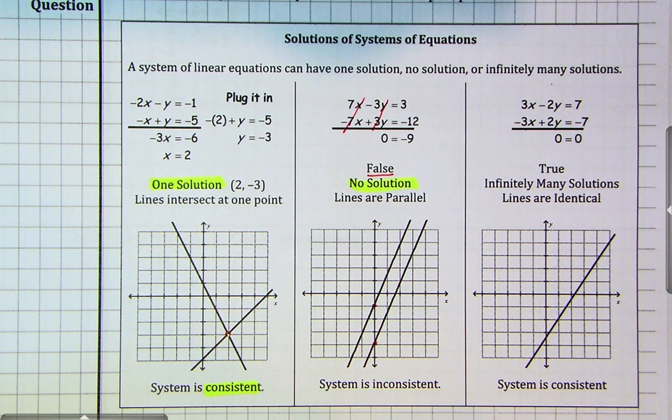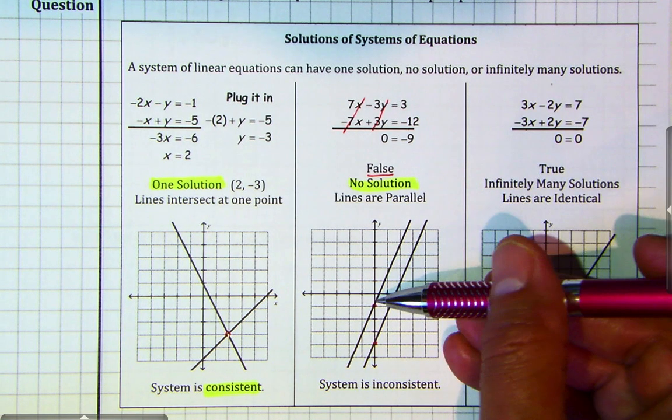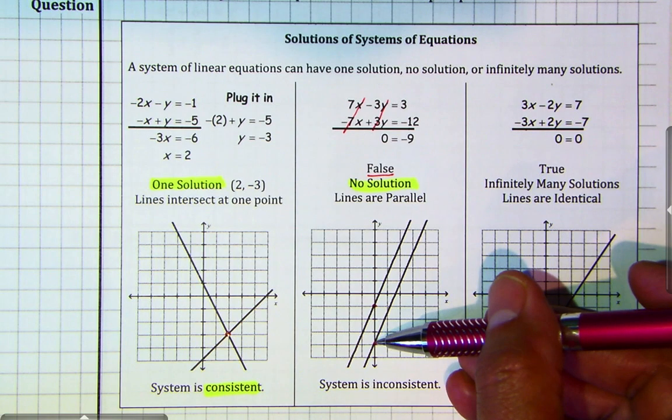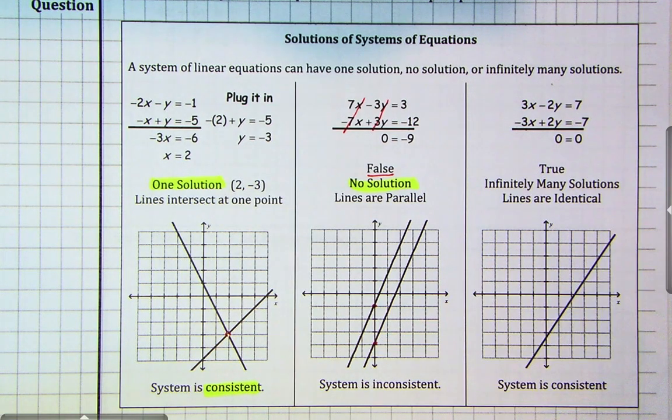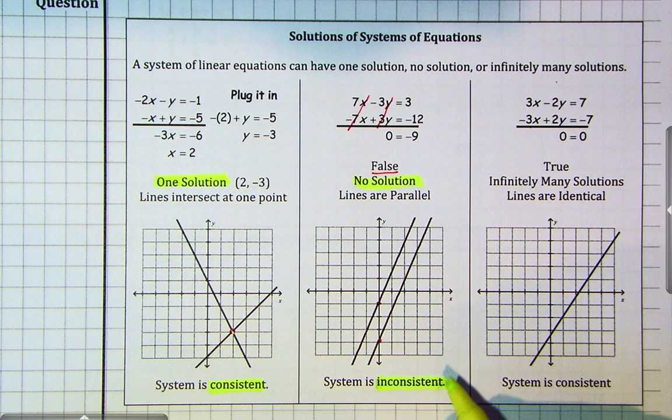That's something you want to keep in mind: whenever you have two lines, if you find the slope and they happen to be the same slope but the y-intercept is different, then the lines will be parallel, which means the system is inconsistent since there is no solution.